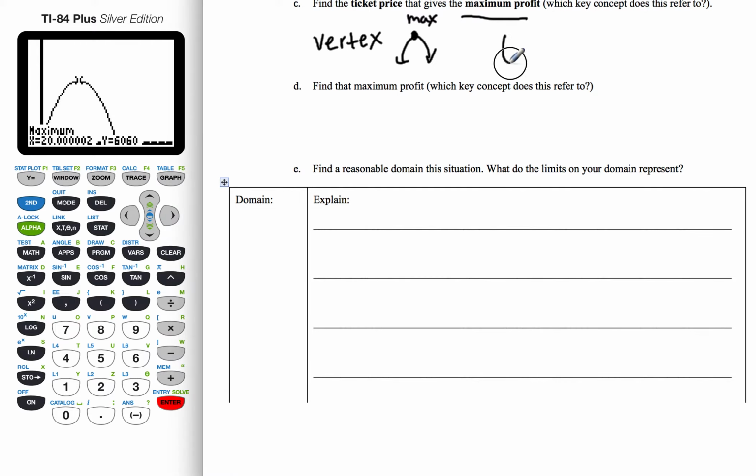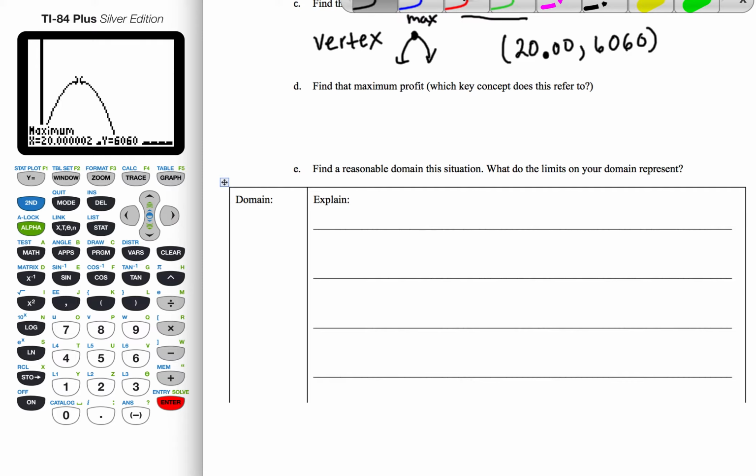I got a maximum of, that's $20 for the price of my ticket, I'll make $6,060. So final answer would be maximum profit would be $6,060.